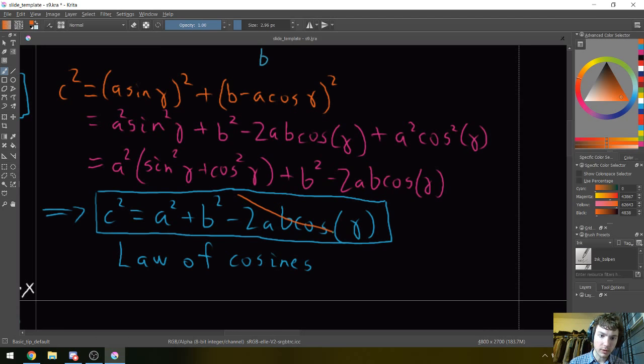Right, so if the angle is 90 degrees, this term is 0 and it goes away, and we're back to Pythagoras. C squared equals a squared plus b squared. Oh, that's cool. Right. But when gamma is not 90 degrees, now we have a better version of Pythagoras that still tells us the relationship between the sides A, B, and C, but now you need to know this angle, which is no longer 90 degrees.